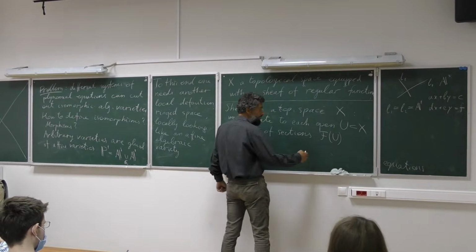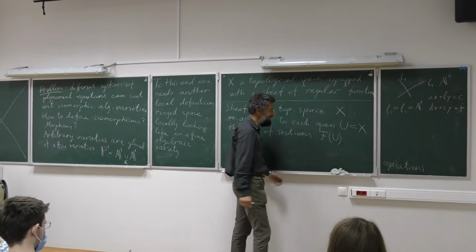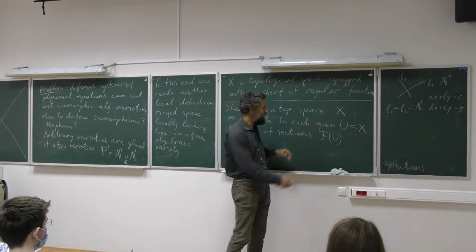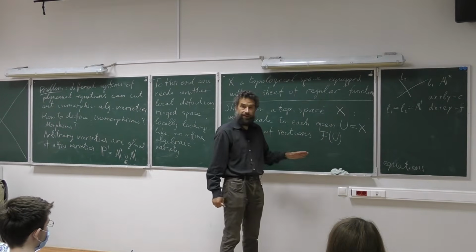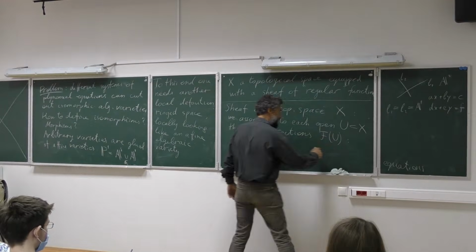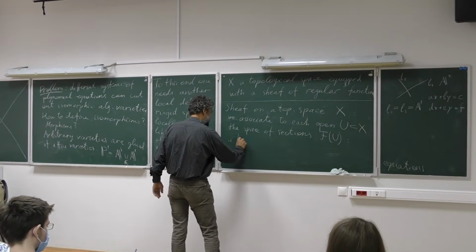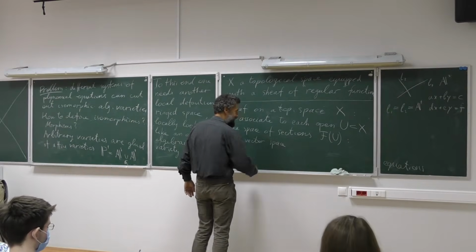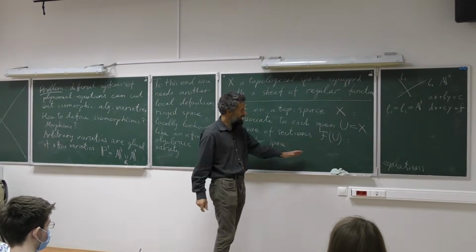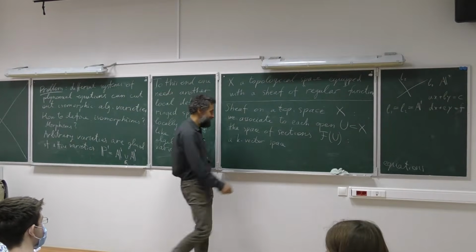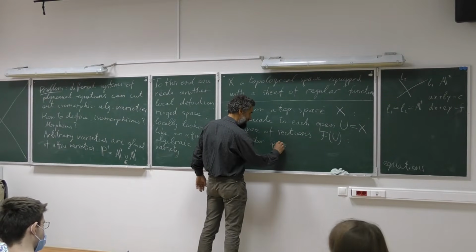And this F of U may be just a set or an abelian group, or in our situation, because everything is over a base field K, it's just a vector space over K. But more generally, once again, it could be an abelian group or just a set. For many constructions, you don't need more.